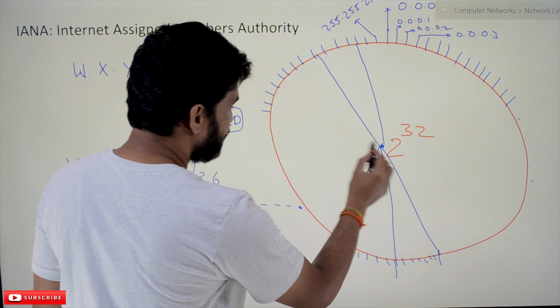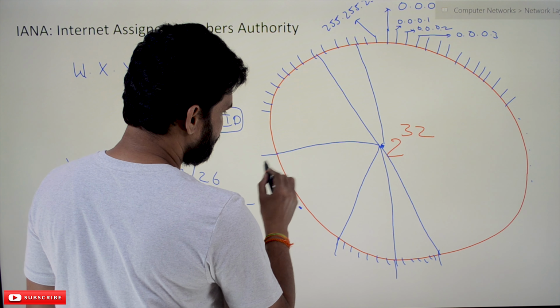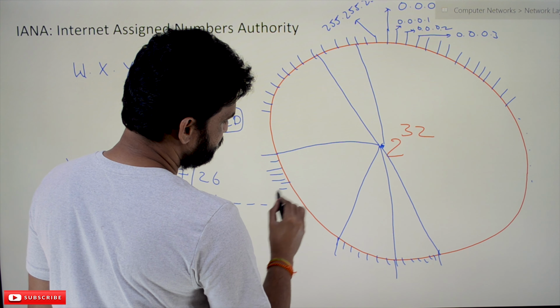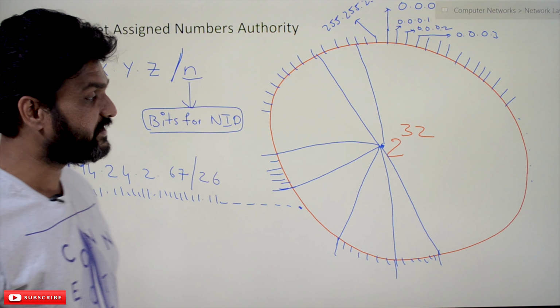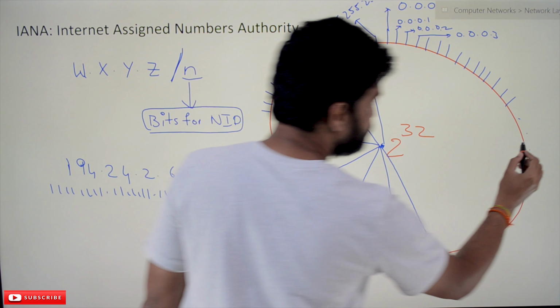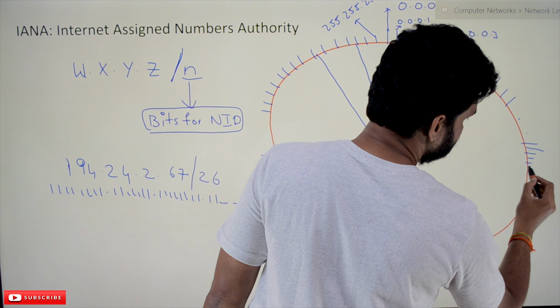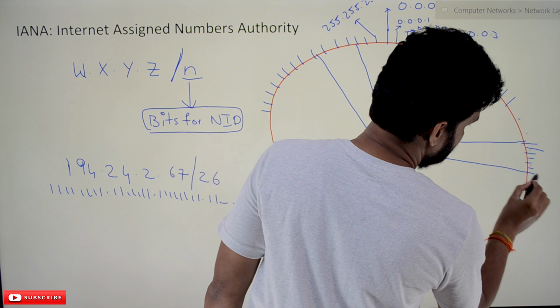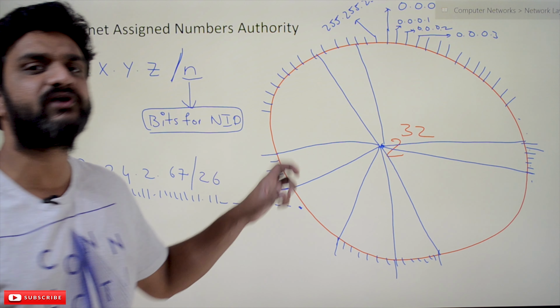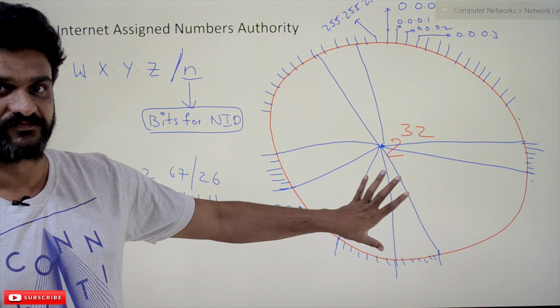And similarly, if you take this piece of cake, assume that these are 64 systems. This is also another possibility, and this is also another possibility. You may get any one of these possibilities.